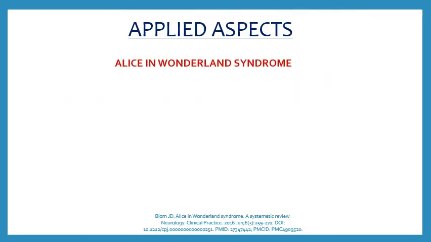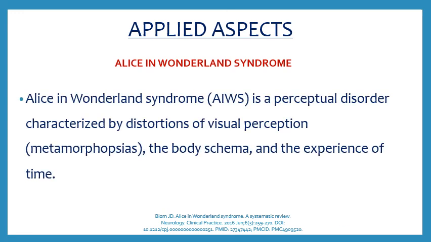Well, actually there's a syndrome called Alice in Wonderland syndrome, a perceptual disorder characterized by distortions of visual perception, body schema, and experience of time. In this disorder, your perception of the outside world will be completely different, at least transiently.